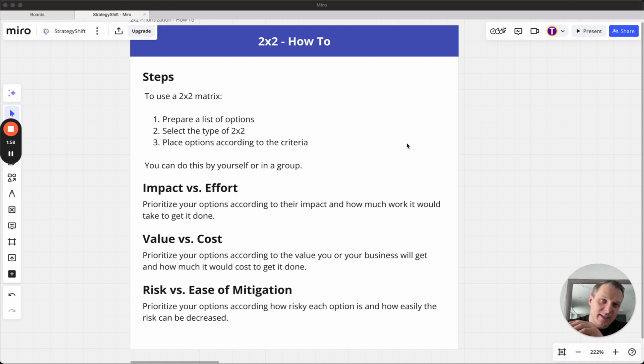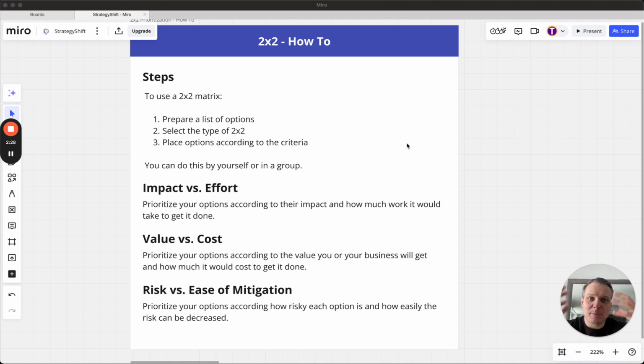The 3 2x2 prioritization matrices that I'm going to talk about: first, impact versus effort, which is usually used for problem prioritization, where you figure out what the impact of the problem is and then how much work it would take to fix the problem. Second, value versus cost, which is usually used for solution prioritization, where you prioritize how much value the solution will provide and how much it is going to cost to get it implemented.